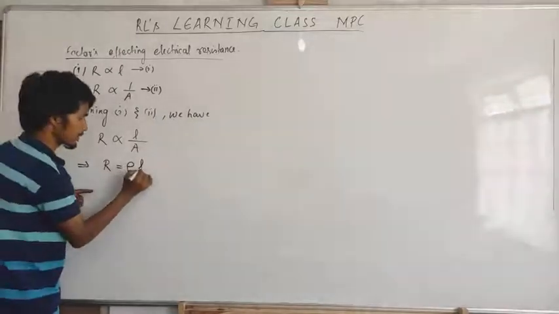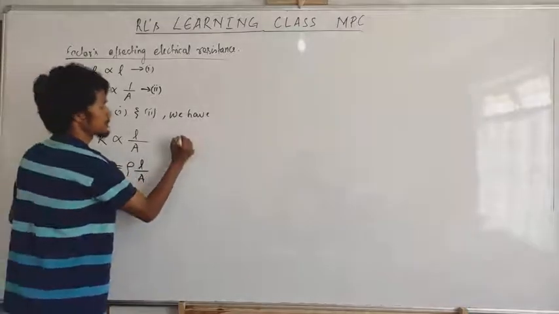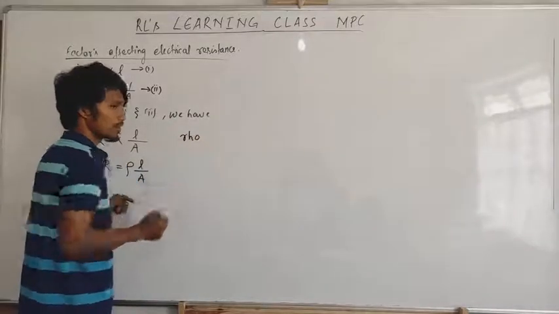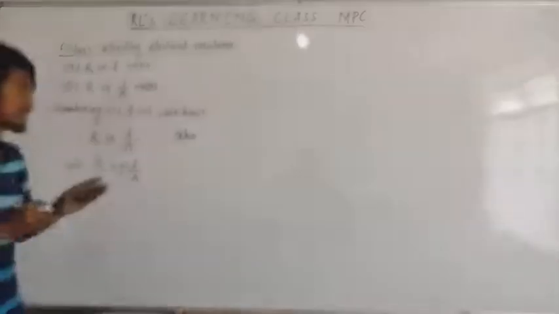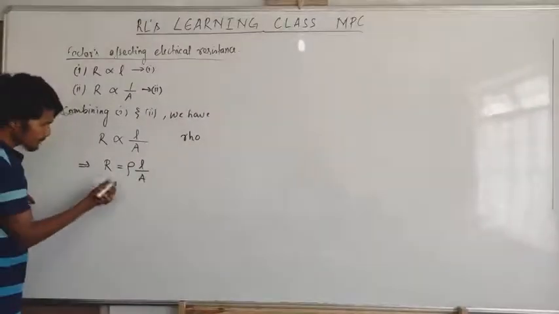What is the name of this? Rho. The spelling is R-H-O, and the pronunciation is rho.